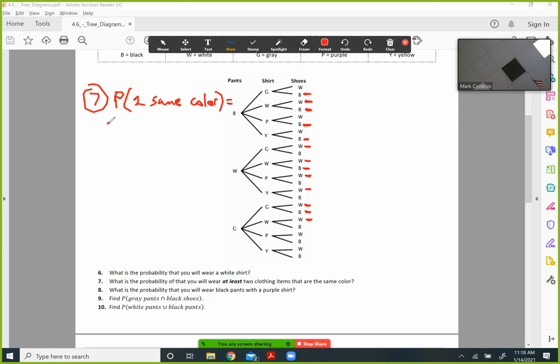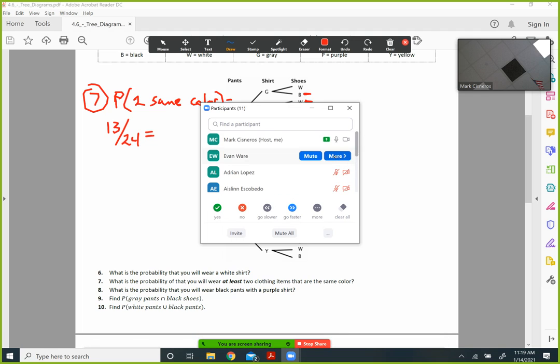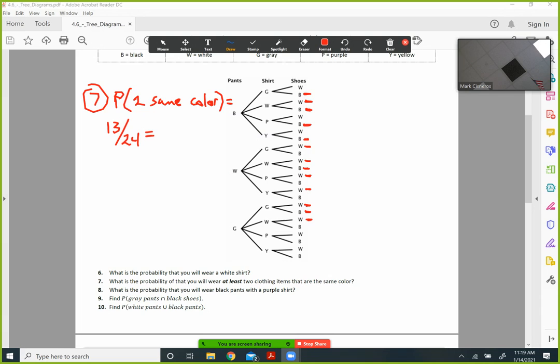So now that I have my fraction, and get the decimal. And you can just give it to me to 3 decimal places. 0.542 multiplied by 100, 54.2%.